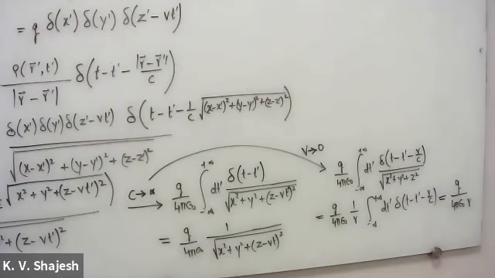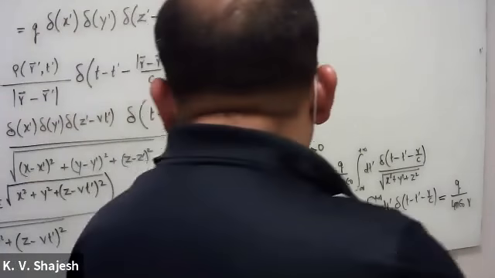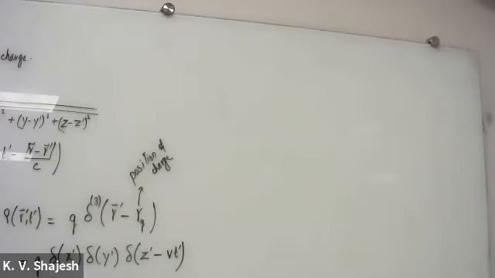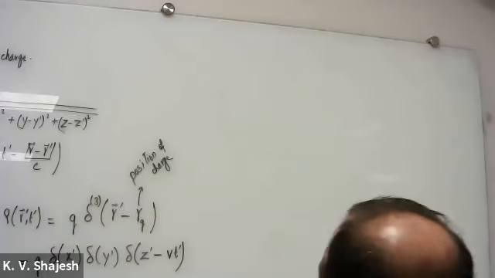And now we want to actually look for how things look like in the general scenario. So in the general case, we have to evaluate that delta function. Basically, we have to ask, when does that delta function go to 0?